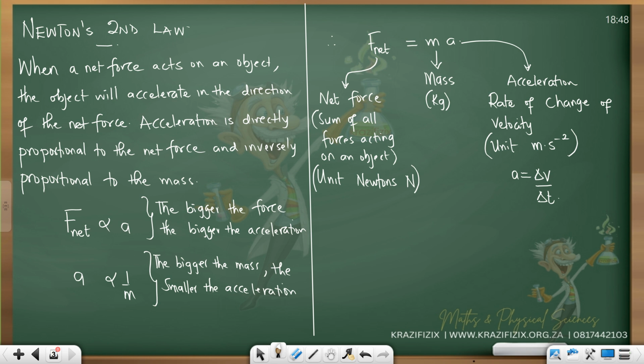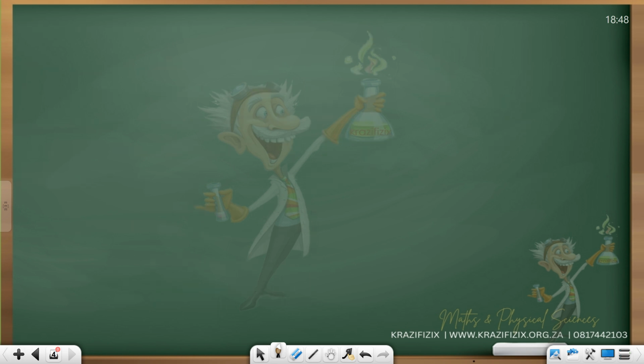Now quickly, let us jump into this thing that we call forces. We are going to look at different types of forces. We're going to look at 5 of them. Then when we add them together, we get F net. Forces.